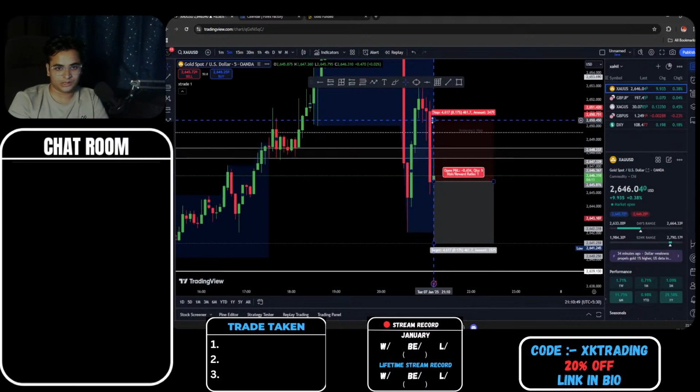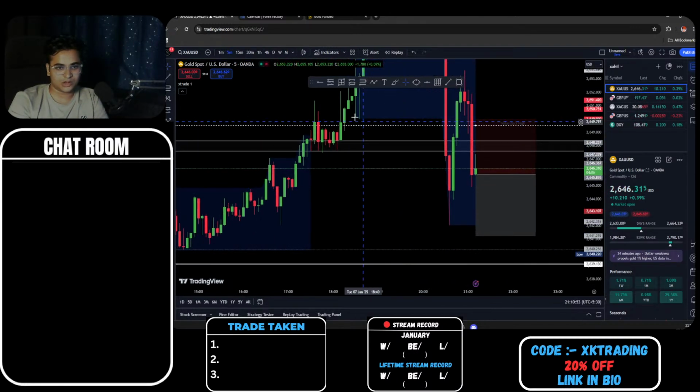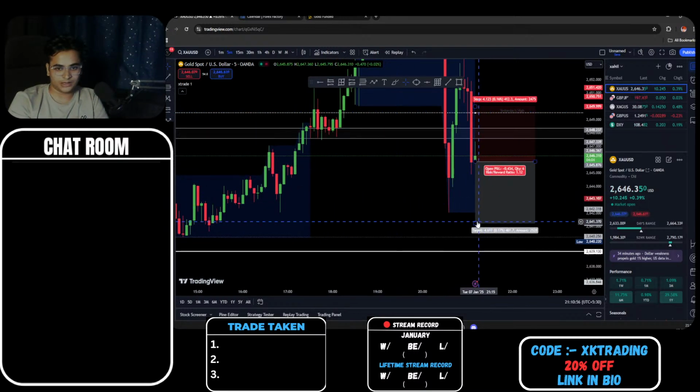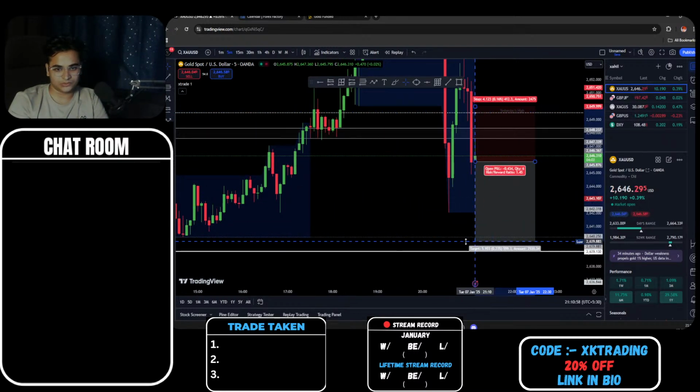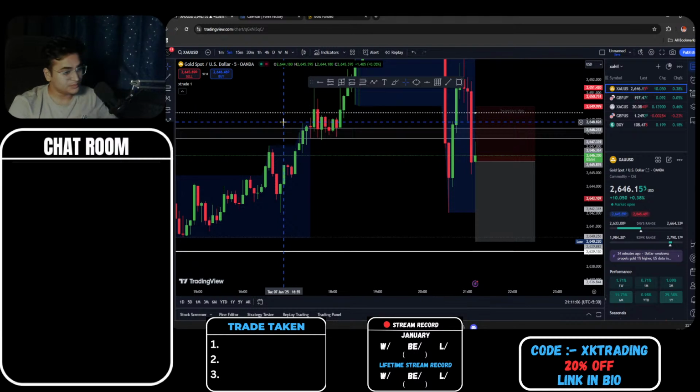Exactly. And I'm putting the stop loss around 40 pips, above this zone basically. And what I'm targeting is this low. Let's see if we can hit that mark. Please manage your risk because I'm managing mine.